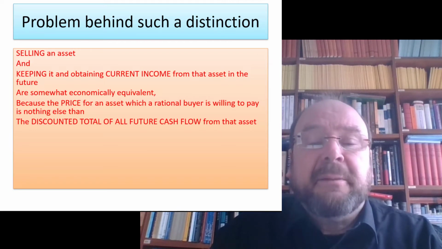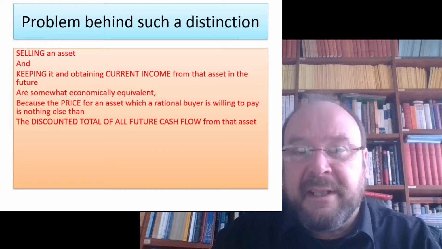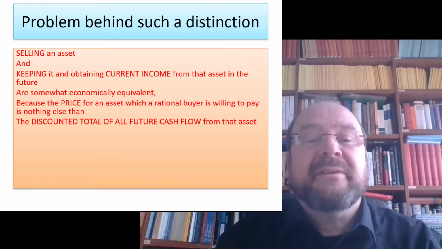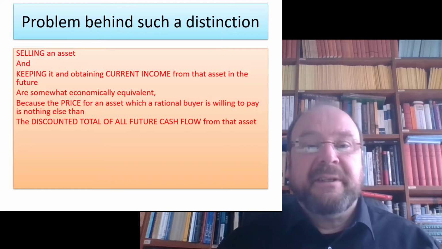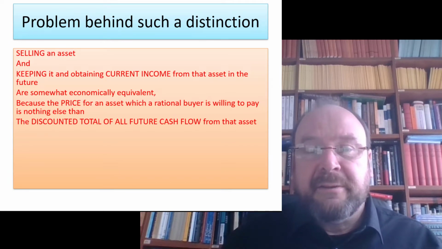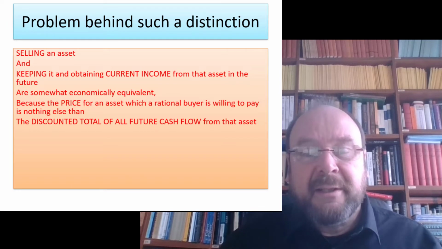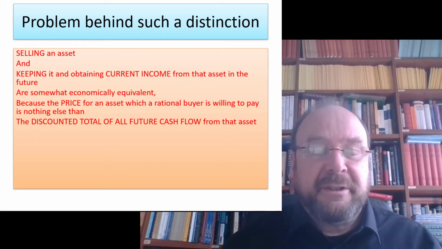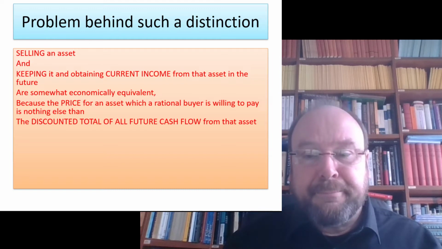So the price is nothing else than collecting all the future regular income which you can obtain from that asset at once, with a discount for the difference in time. But economically, the present value of all the future income and the present value of the gain, or the price, sorry, is the same.